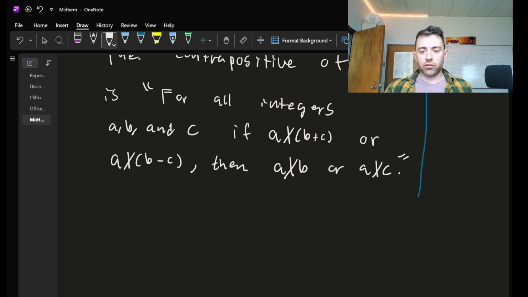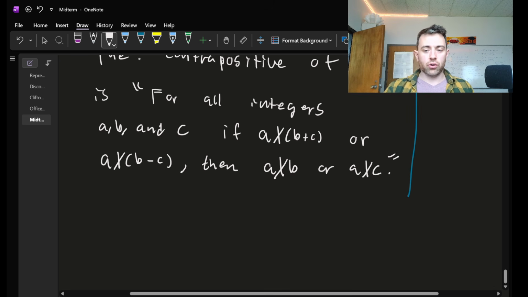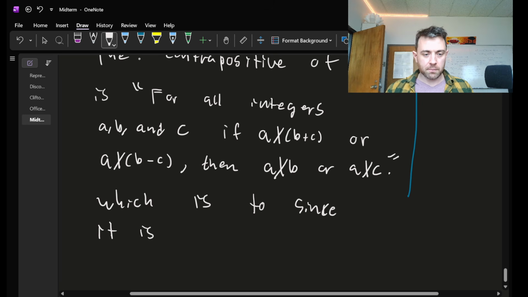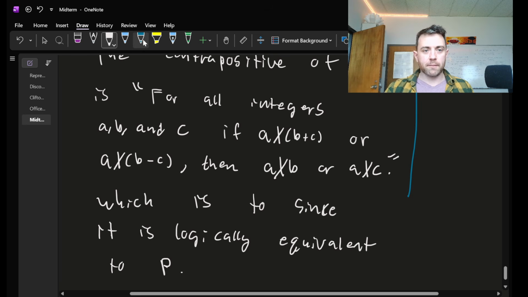And of course, the contrapositive is true, since it is logically equivalent to P. Great.